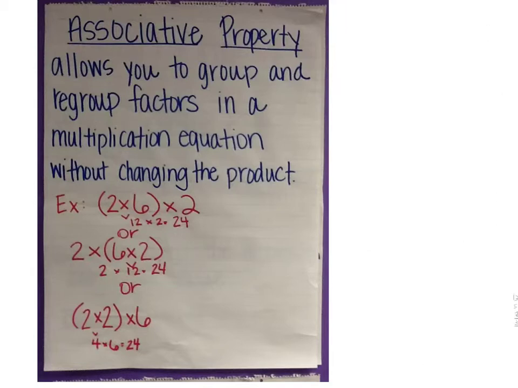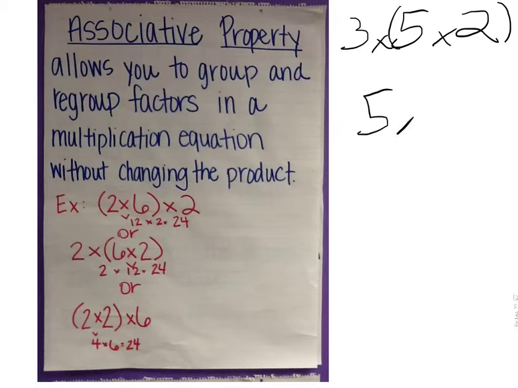Now we're going to do the same thing. 3 times 5 times 2. But instead, we're going to do 5 times 2 times 3. So 5 times 3 is equal to 15.